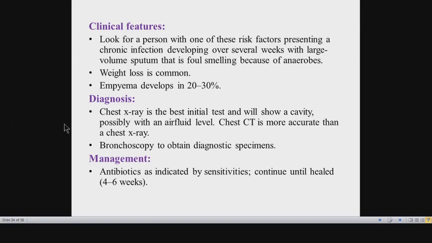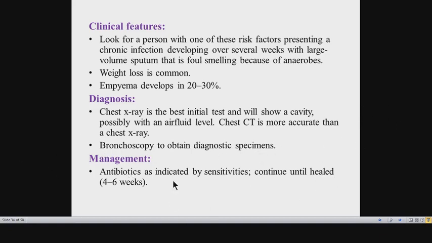In order to have an accurate diagnosis for the organisms causing lung abscess, you need to obtain diagnostic specimens from the abscess itself, and this can be performed with bronchoscopy. You will do bronchoscopy with transbronchial aspiration of the abscess, and then the specimen will be investigated with gram stain and with culture.